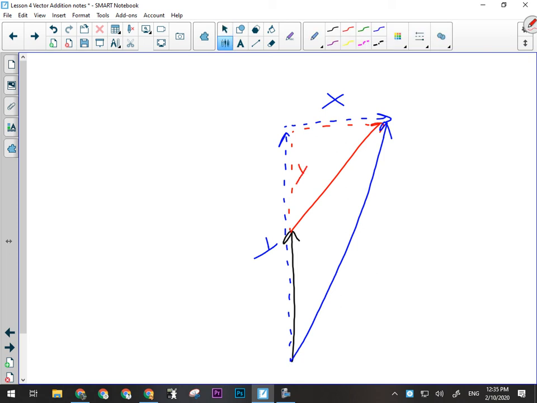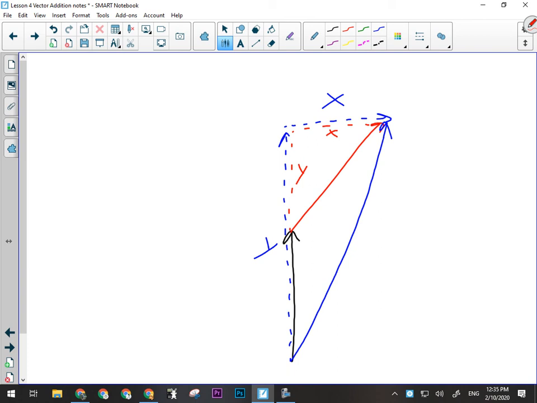Everyone be okay with that? Okay? And blue x and red x are equal. Right? They're the same line, basically. I know I didn't draw them right on top of each other, but I did that on purpose, so they weren't right on top of each other. Okay? So they are equal. If I can calculate what red x and red y are, and I know what this is, I can figure out the two sides of the blue triangle.